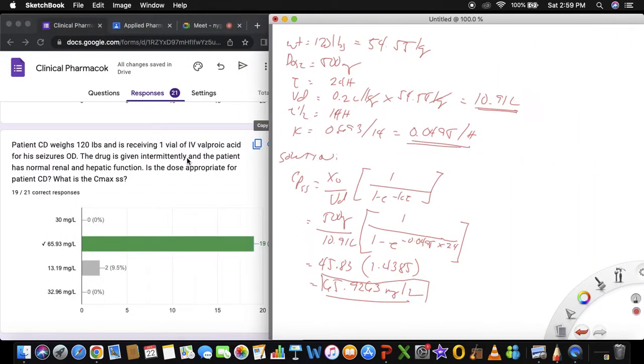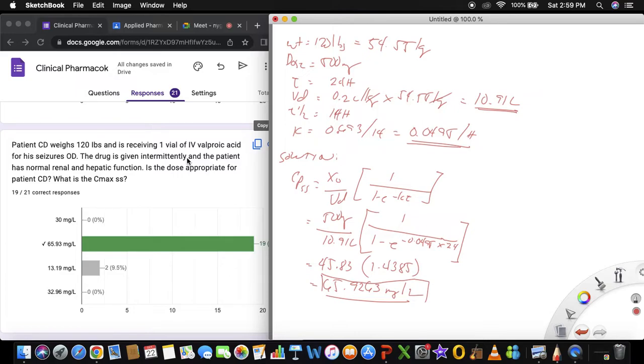Pag binigay natin class ang valproic acid na 1 vial for this specific patient, okay, ang lalabas daw na plasma concentration niya class is 65.93. Now question, is this above or within the therapeutic window? Yung na-compute nating CPSS, is it above, below, or within the therapeutic window?